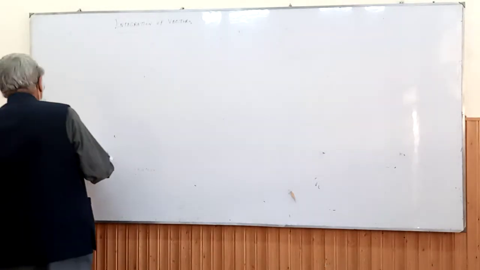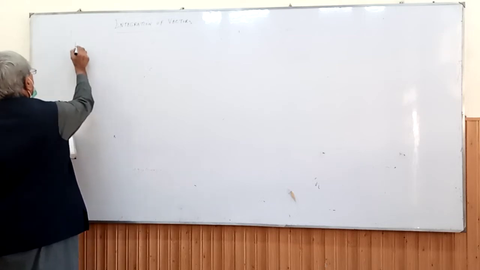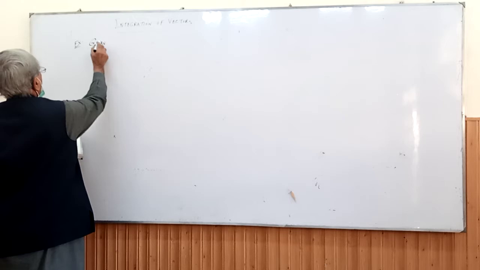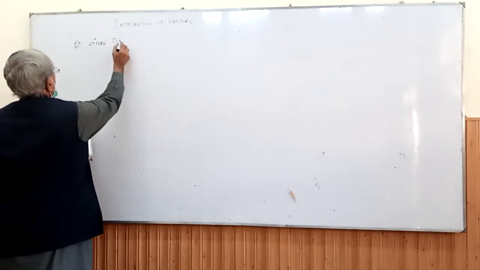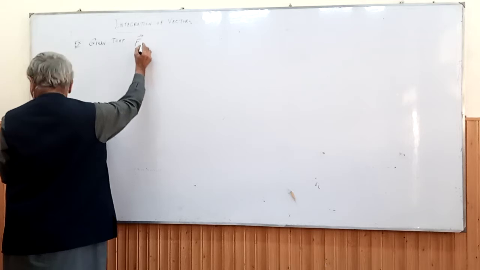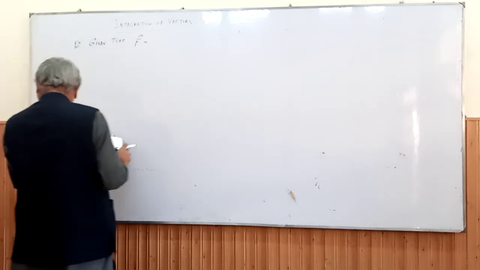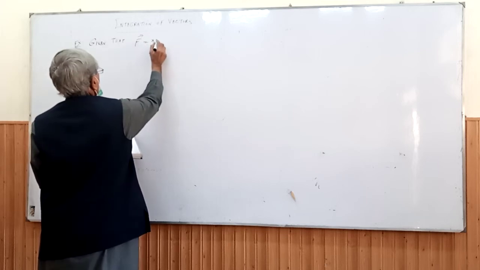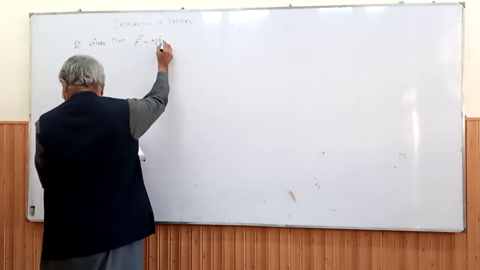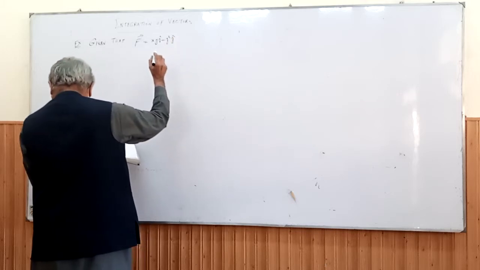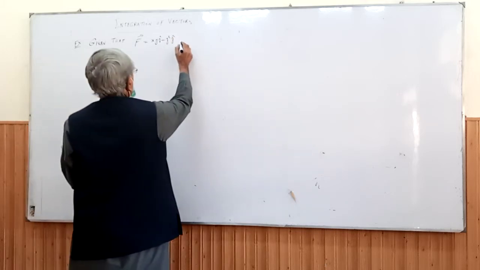This is an example. Given that F is equal to xy i minus y square j. Find the work done.